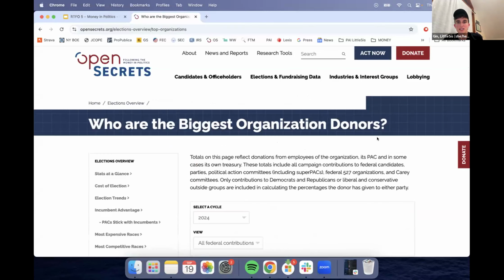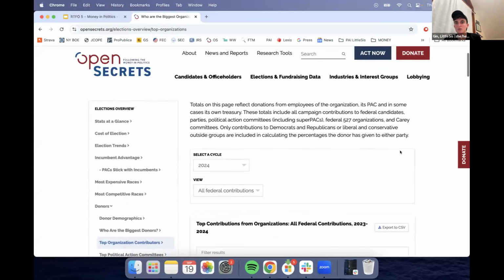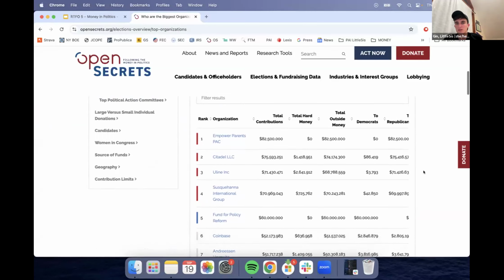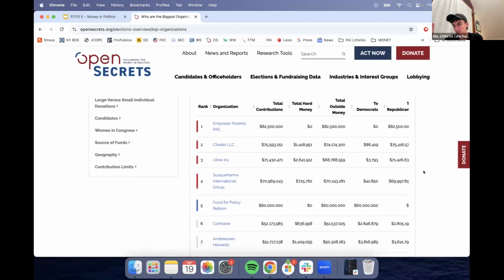Similarly, you can look at who are the biggest organization donors. And I really like Open Secrets for this type of research over individual donors, because you'll see here, all of the organizations are hyperlinked, meaning they have their own profile page. So just like with the individual donors, we have the name, contributions, how it's split between direct contributions and outside money, Dems, Republicans.